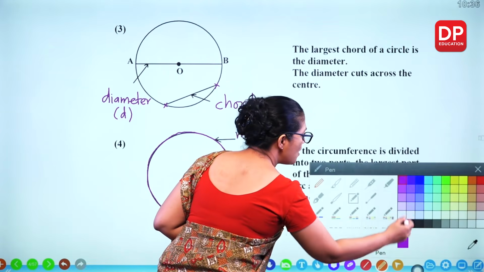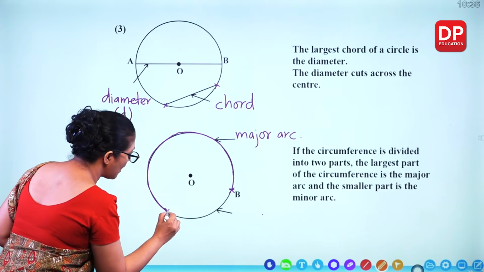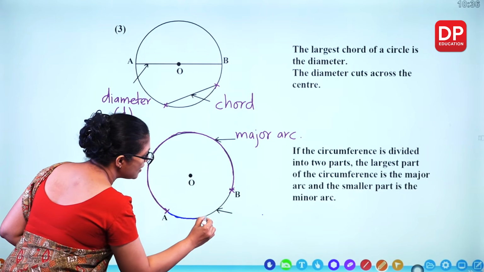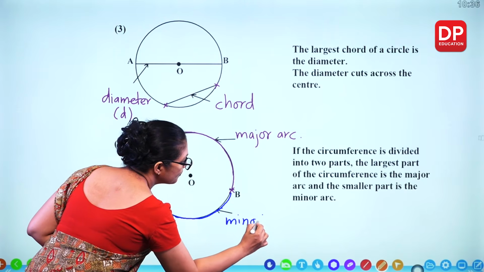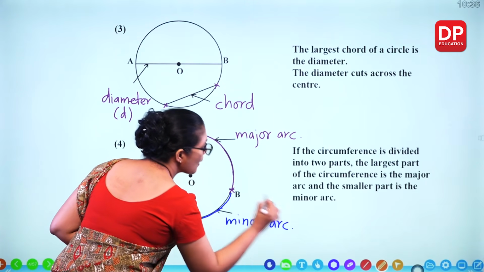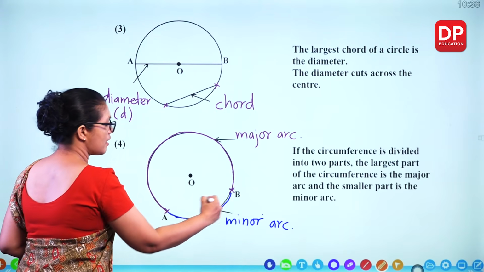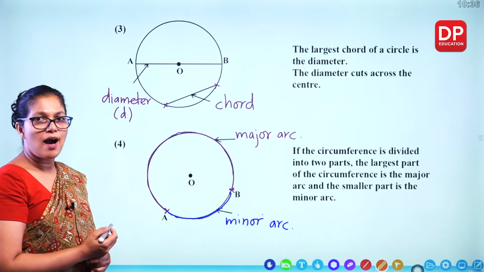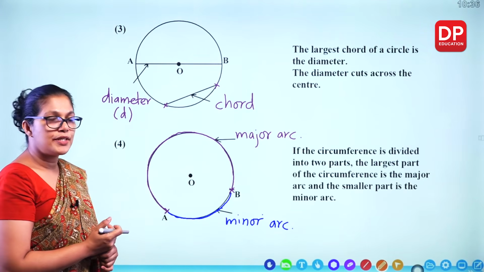So what's the other one? We call it minor arc, the smaller arc. So remember, this is the major arc and this is the minor arc. This is divided with a chord.